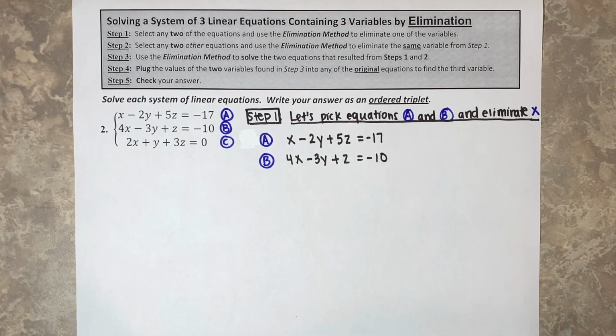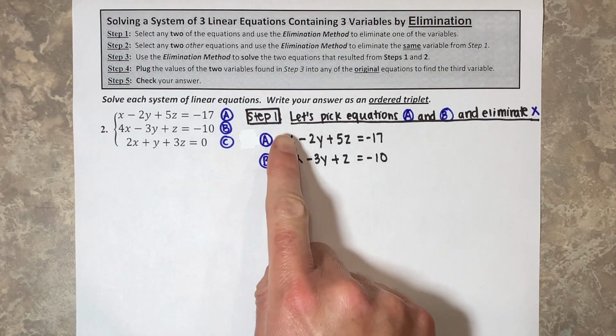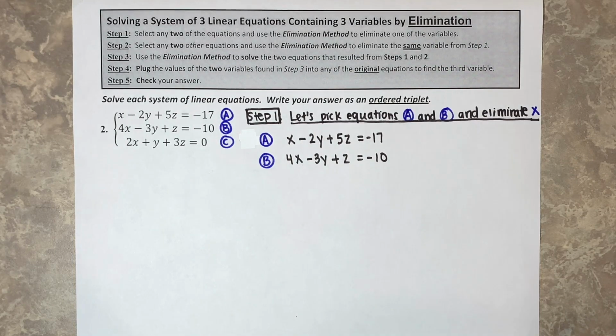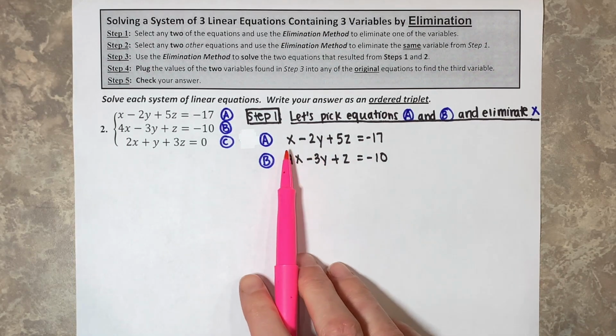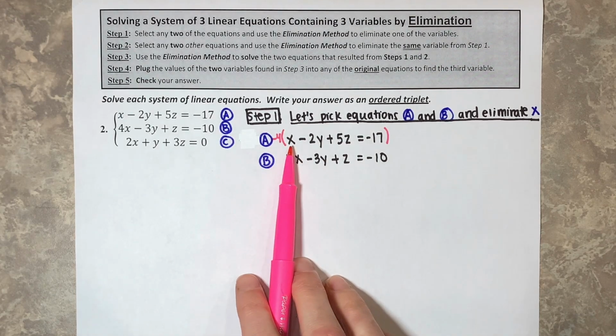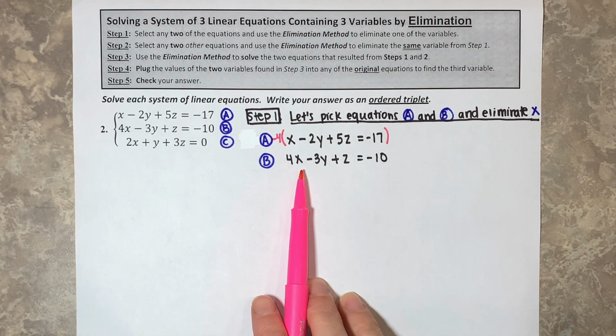In order to use elimination to eliminate the variable x, we need to get the coefficients of the x's to be matching but opposite. To accomplish that, we could multiply this top equation by -4, because then we would have -4x and +4x.